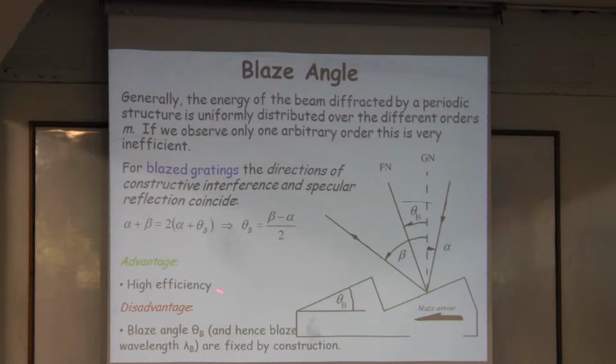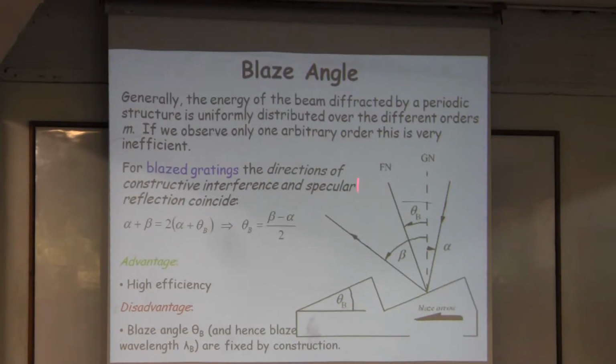The disadvantage is that, in principle, if we don't worry about efficiency, we can look at the grating from all kinds of different angles and we will always see spectra. So if you don't care about the efficiency, you can turn it around and take whatever grating you have.